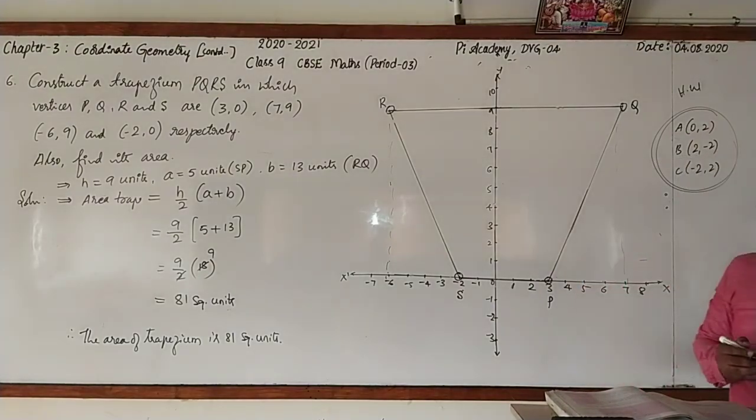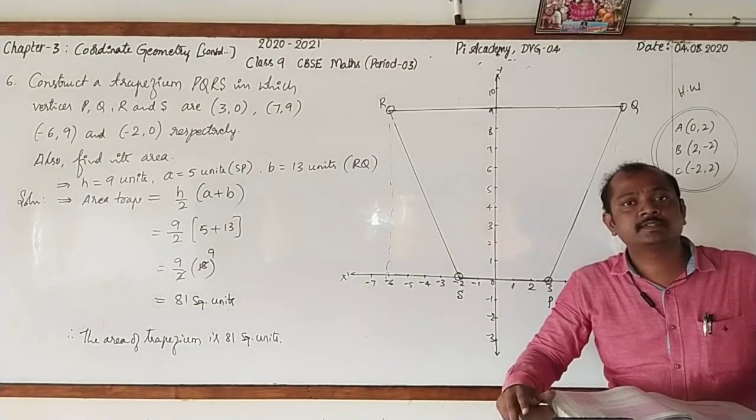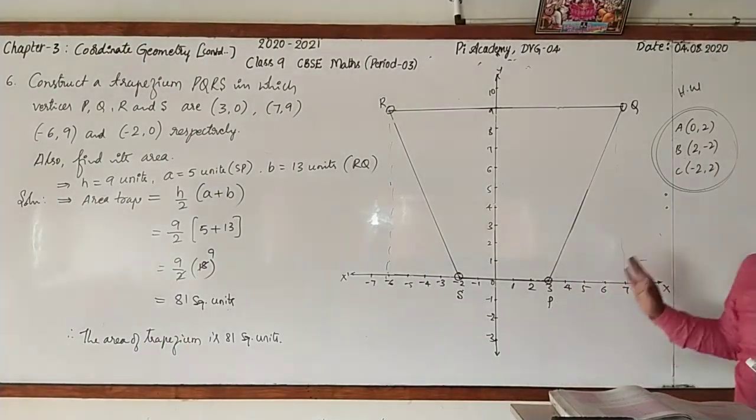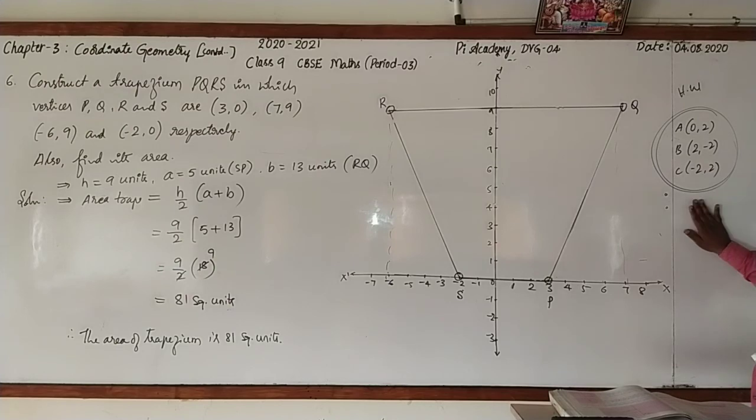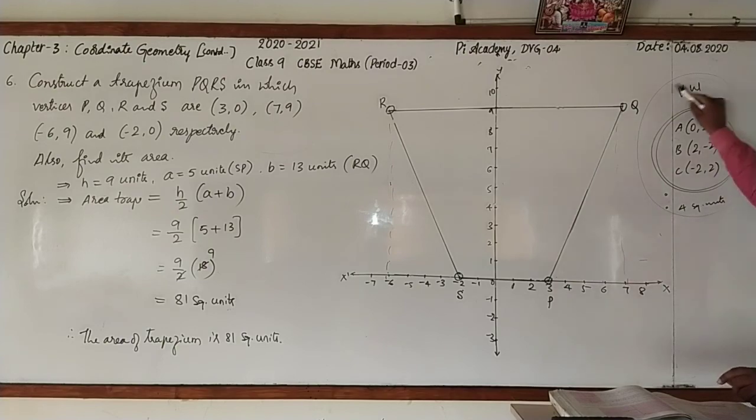Next question. Find its area. Clear? So then area will be 4 square units. Only for the sake of verification, to check whether your calculation is correct or not, I have given the answer. I hope that you can do it yourself.